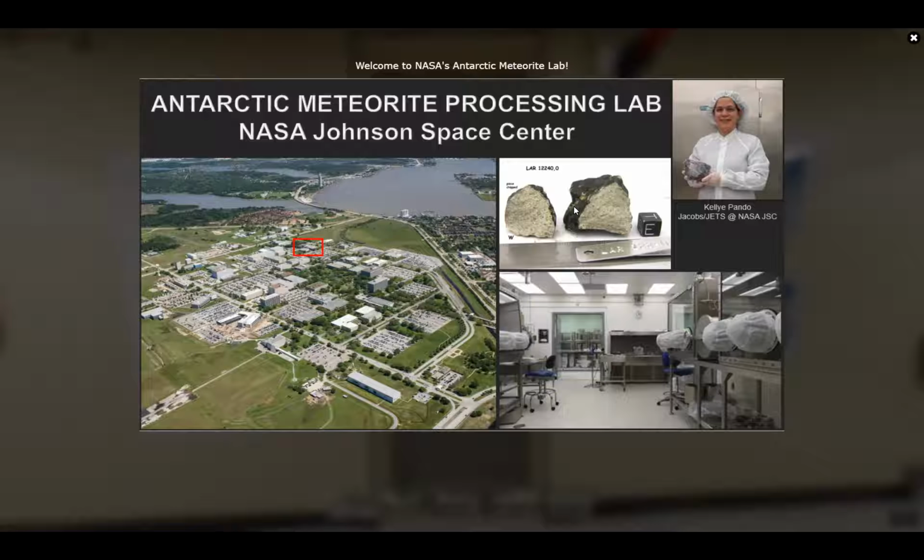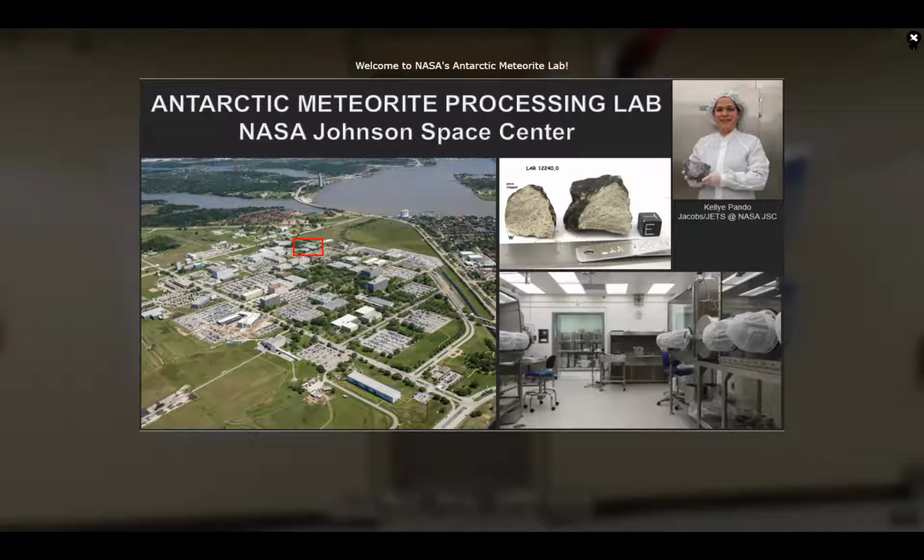And there I got to do some research understanding how planets formed. And then after I did that, I was able to get a full-time position with Aries working in that same lab. And then a few years later, I decided that I wanted to try something different. So I moved over into the curation department, and now I am in the meteorite processing lab. And that's where I am today.